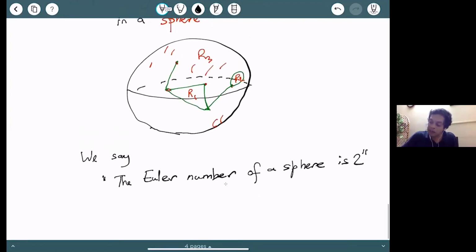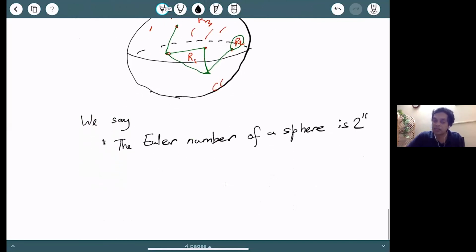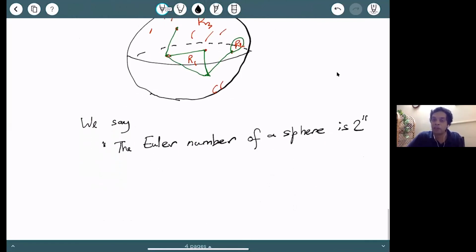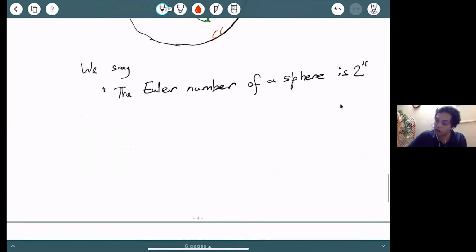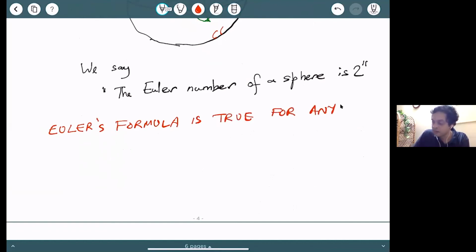And where topology really starts is the observation that Euler's formula is true for any surface that looks like a sphere, that is, topologically equivalent to a sphere.